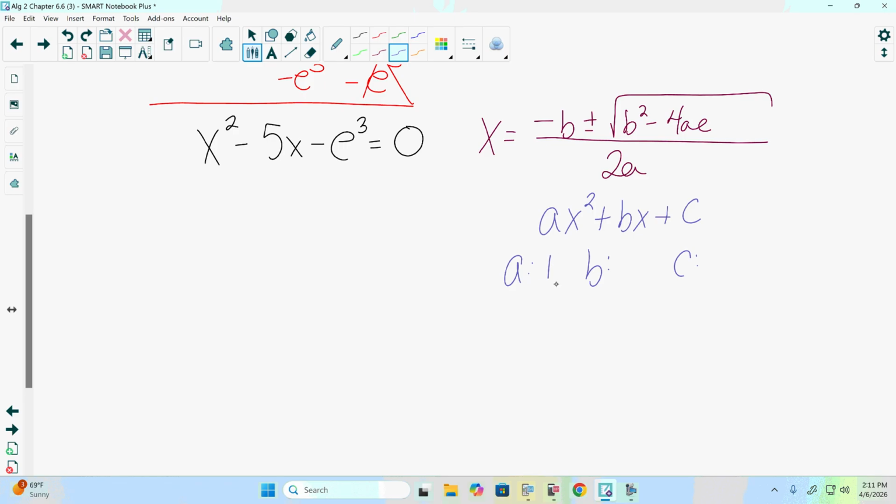Yes? B is the number in front of x, so it would be negative 5. C is our number without x, and it would be what? Negative e to the third. Even though e looks like a variable, it is still a number. It has a value. We found it a minute ago.